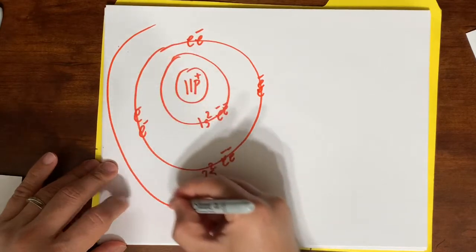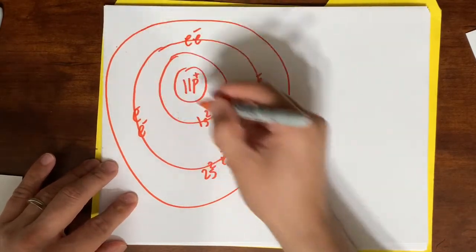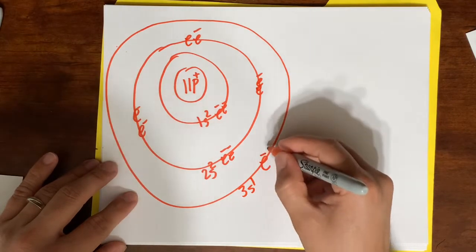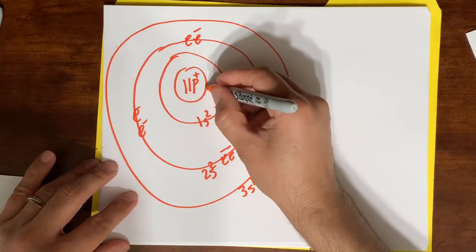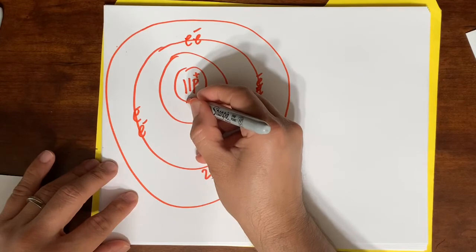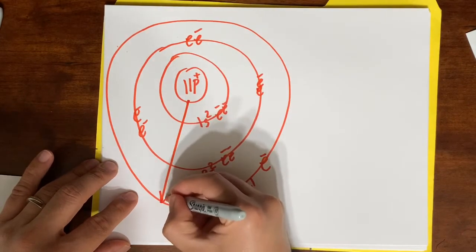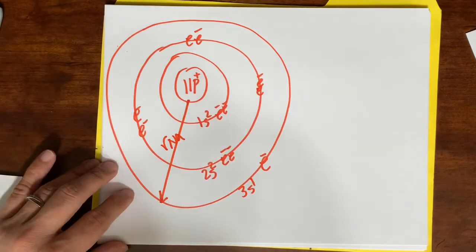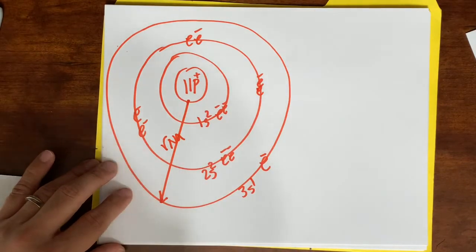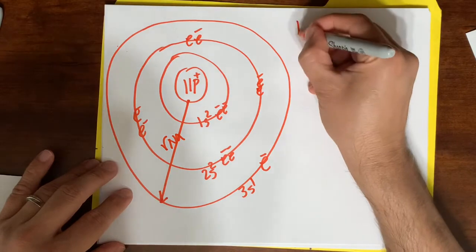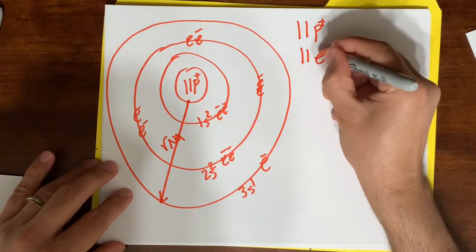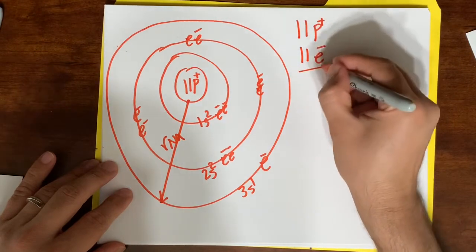And this one is the 3s with 1 electron. The distance between the nucleus and the last layer represents the size of the radius of the element. I have 11 protons and 11 electrons. I add them to be neutral.